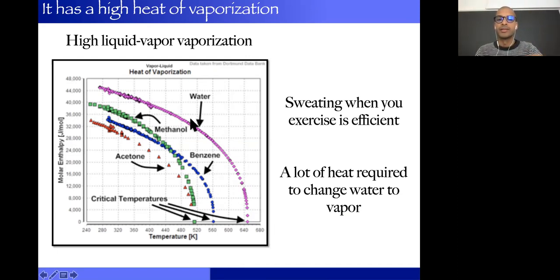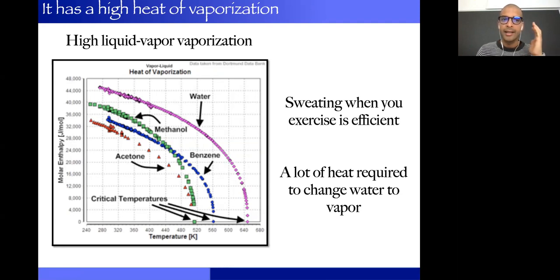Water, of course, is held together by these dipole hydrogen bonding network interactions. So is methanol, but it's not enough just to have hydrogen bonds. There's more that's needed to give water its anomalous properties, which we will shortly discuss.